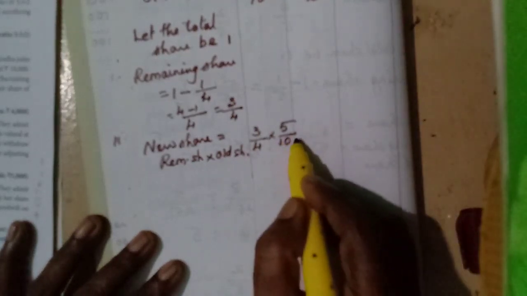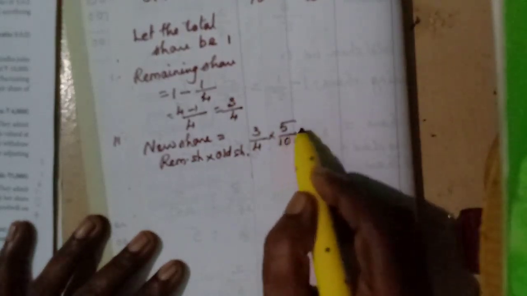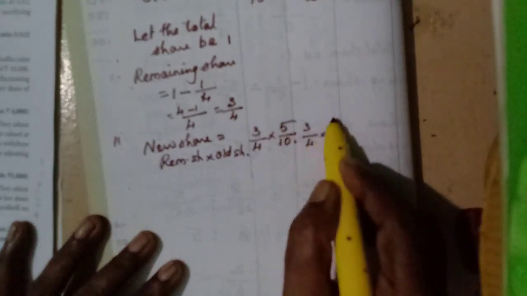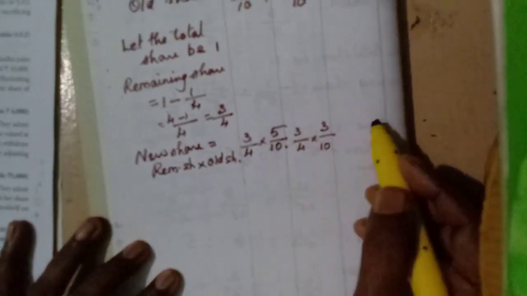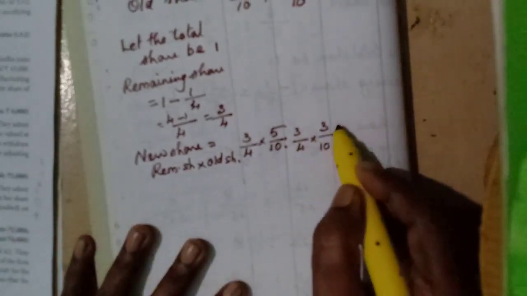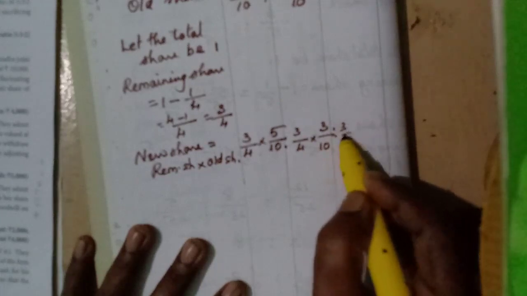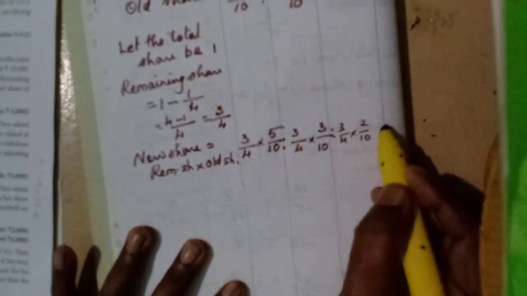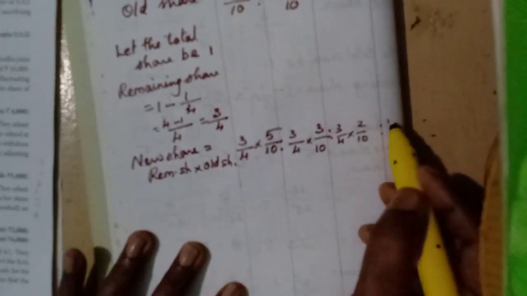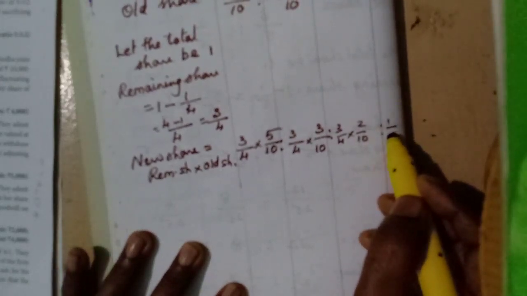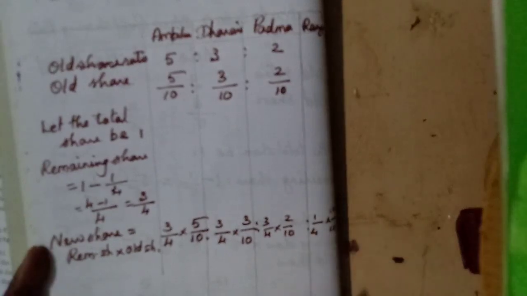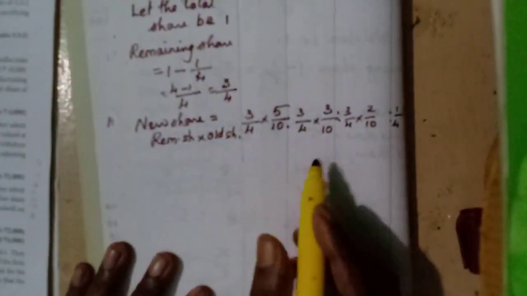Then for Dharani, remaining share 3 by 4 into his old share 3 by 10. Then Padma, remaining share 3 by 4 into 2 by 10 is his share, 1 by 4, isn't it? Now we need to multiply up and down by 10. Then only then we will get 40. Okay, LCM.